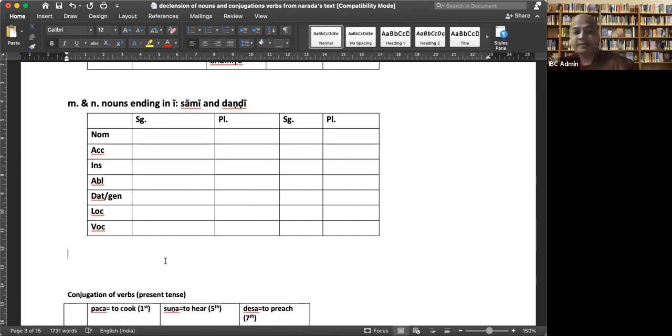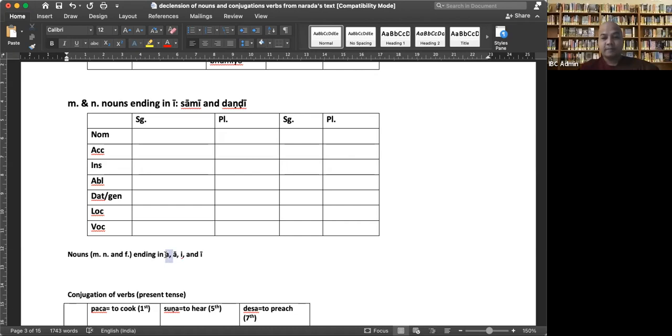what you can see is that we have somehow covered learning about nouns and their declensions belonging to masculine gender, neuter gender, and feminine gender, ending in short a, long a, short e, and long e. Right?